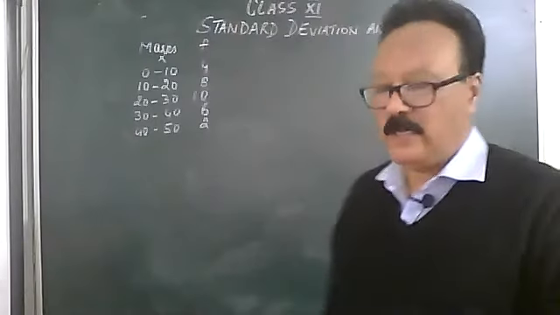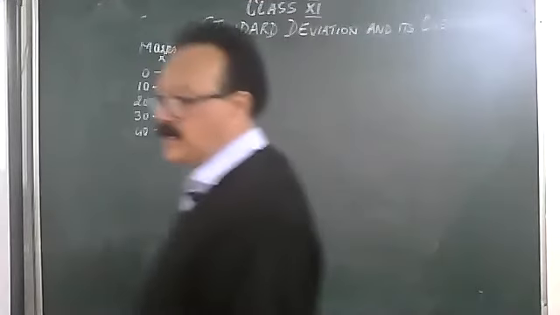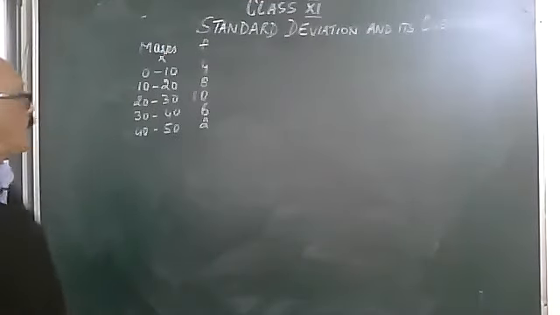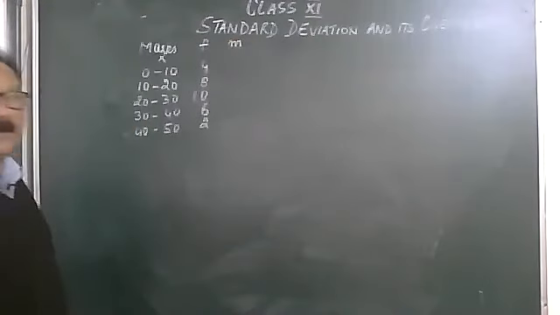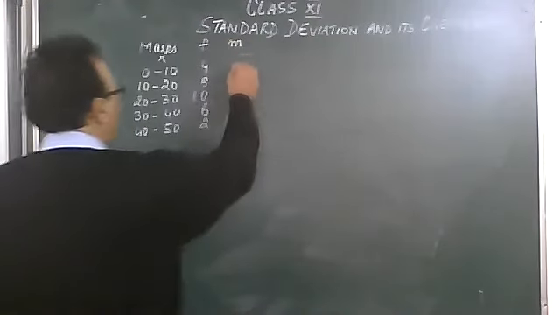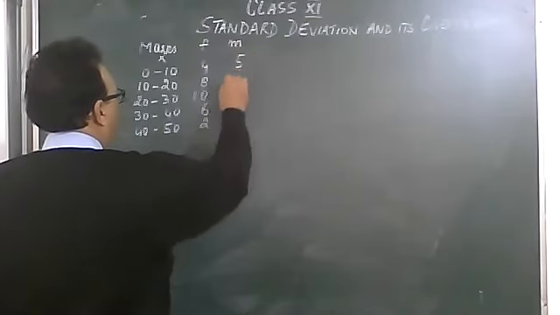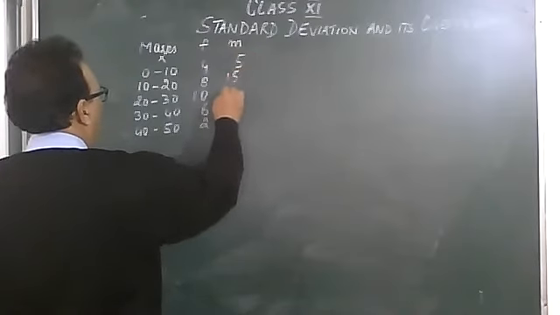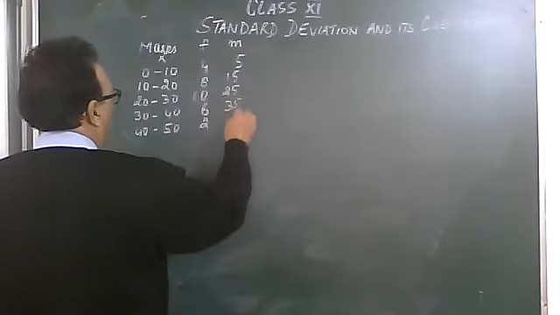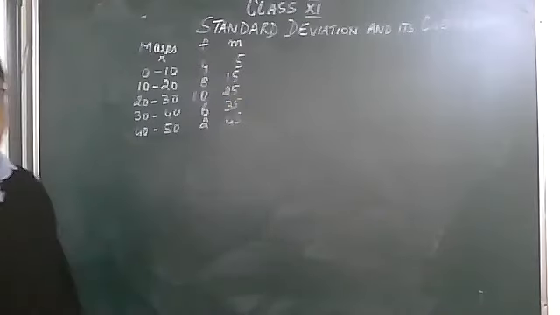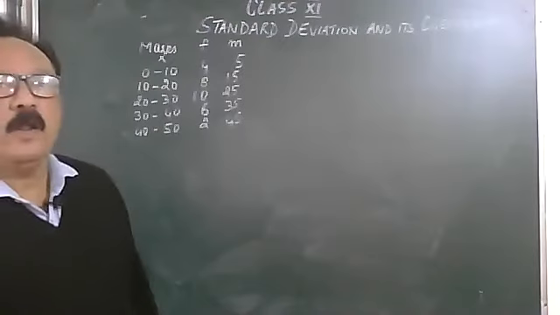What is the first thing that we do, children, in this? In the class interval, let us find its midpoints. Someone do along with me. The midpoint, the first one will be 5, 15, 25, 35, 45. How do we do it mathematically?